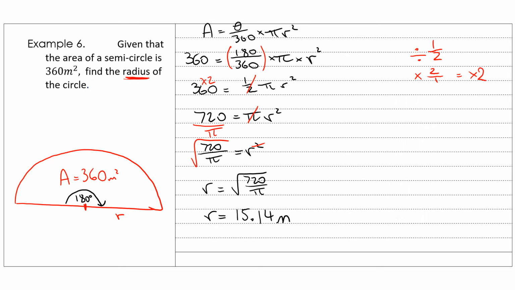Now if you wanted to check it to work forwards, we could sub it back into our equation and check. So let's just check. So area equals theta, which is 180 over 360 times pi times 15.14 squared. Chuck it in the calculator and see if you get 360, or your answer rounds to 360, because remember we've rounded our answer.